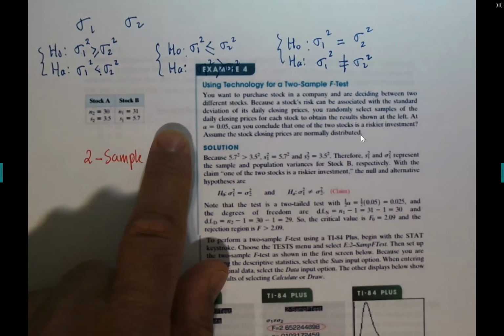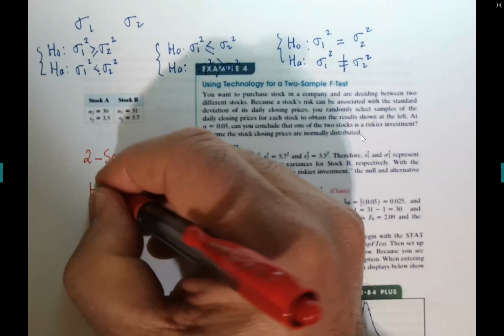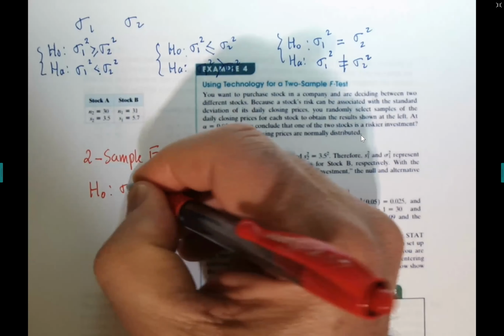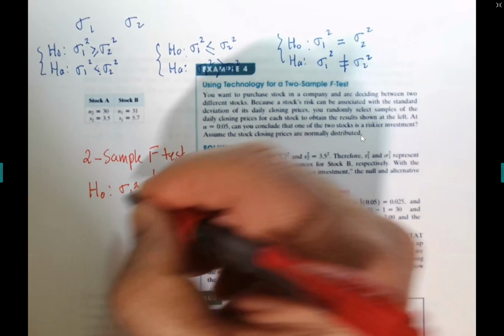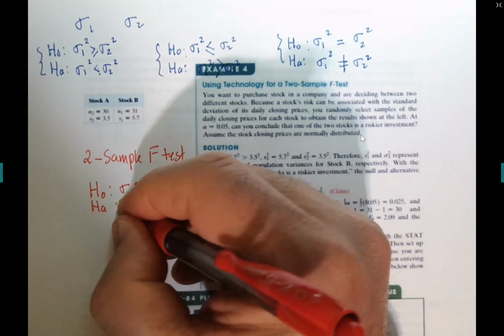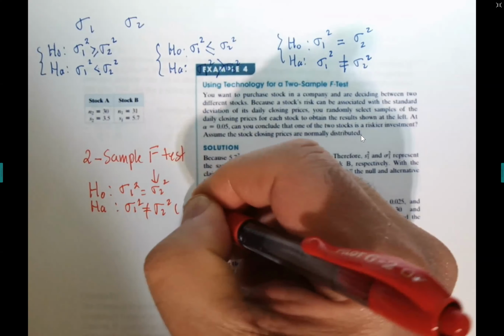So at alpha equals 5%, can you conclude that one of the stocks is riskier than the other? So let's check that using the two sample F test. So I'm gonna write down what we have here. HA, I'm just gonna redo the problem again so you can see how to perform the test.